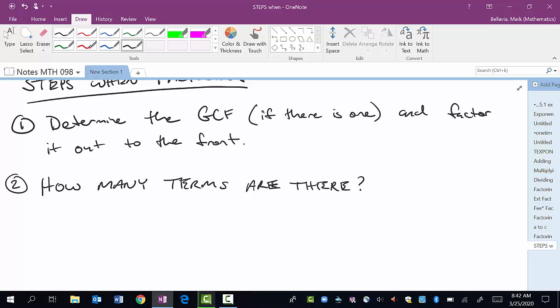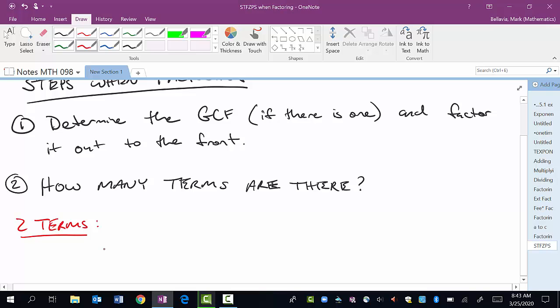So we covered a variety of them, but if there's two terms, you want to say, possibly it could be the difference of perfect squares.